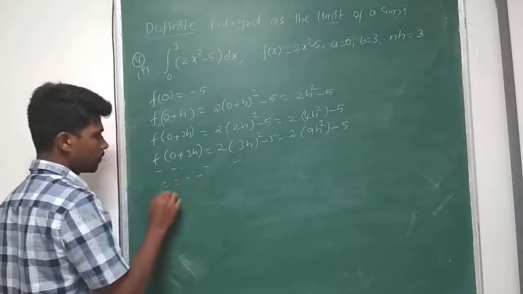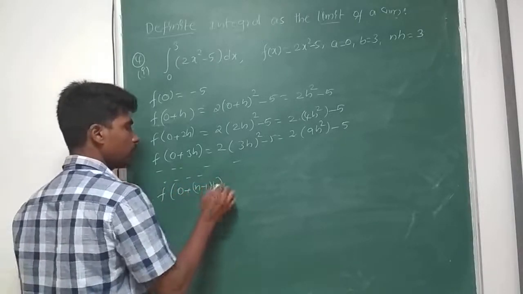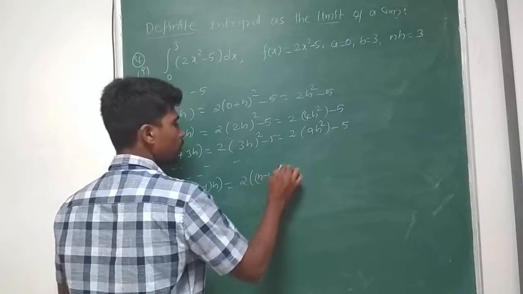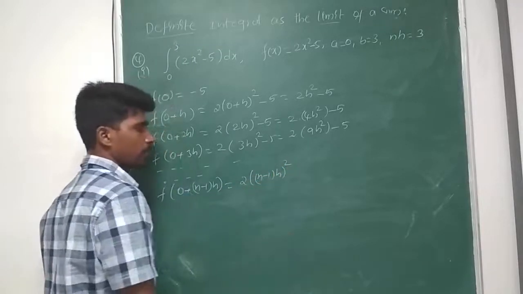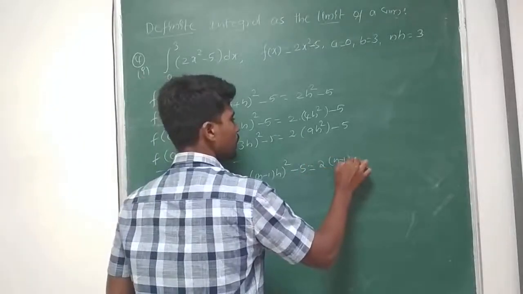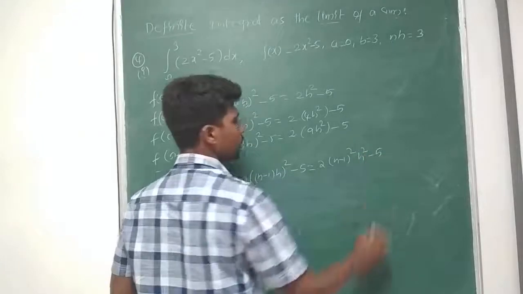So I go to the last step, which is 0 plus n minus 1 into h, which is 2 into n minus 1 into h the whole square minus 5. So I get 2 into n minus 1 square into h square minus 5.